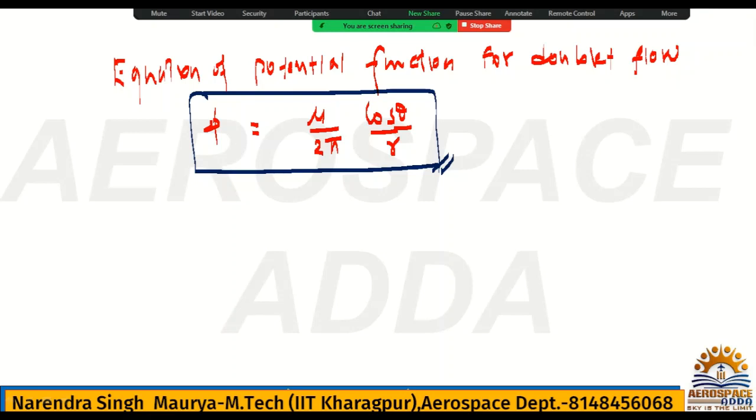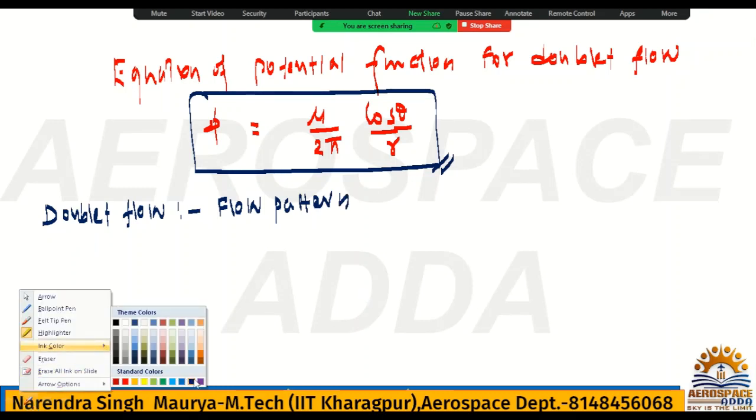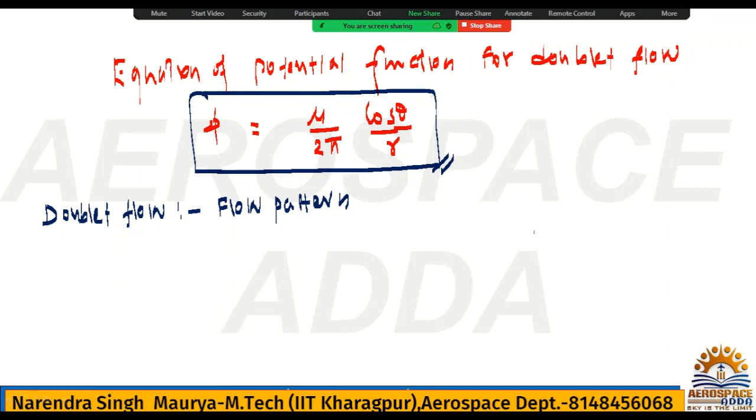If I draw the flow pattern, because it is a doublet flow pattern. So what is the special condition? Special condition is source and sink distance are very less.